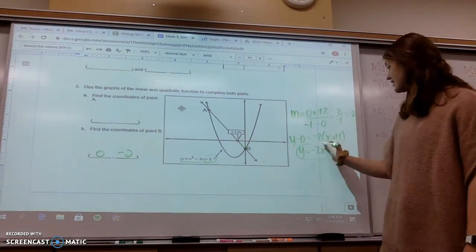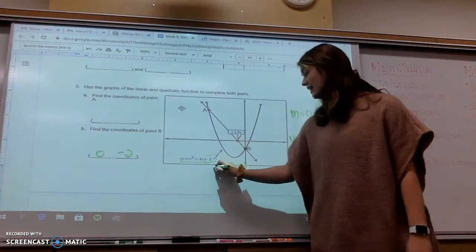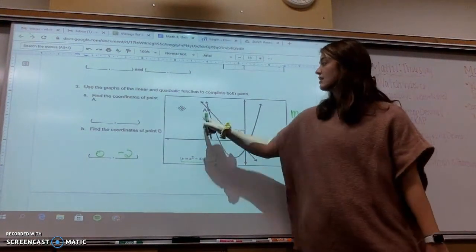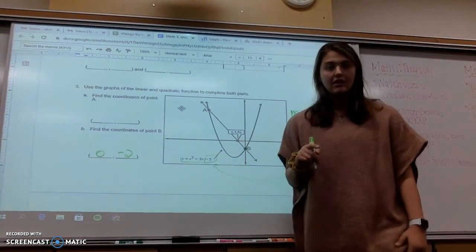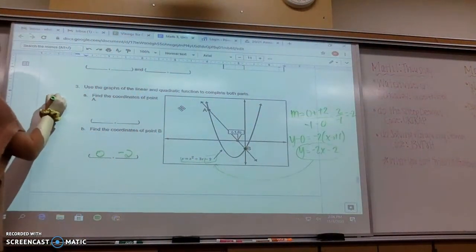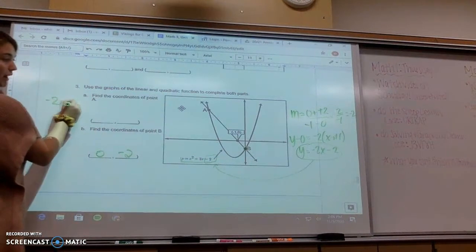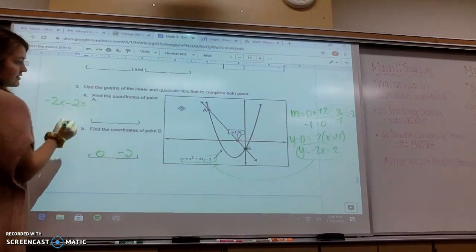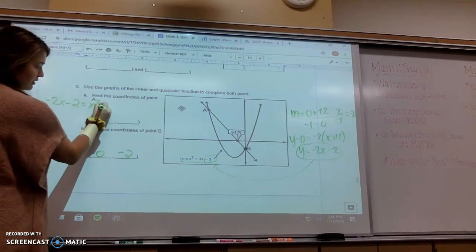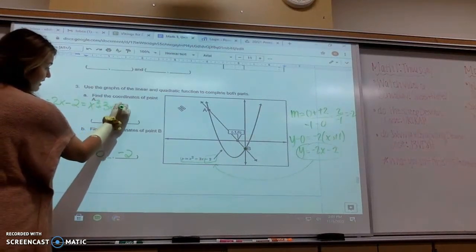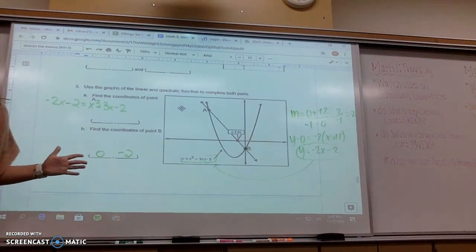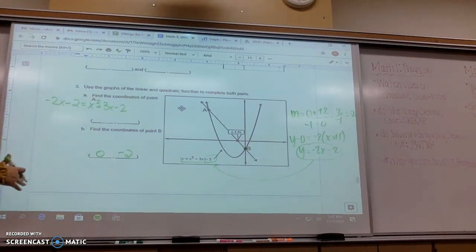Now that I have this equation, I can plug it in or set it equal to this one right here to see where that point crosses. So what I'm going to do is I'm going to do negative 2x minus 2 is equal to x squared plus 3x minus 2. Okay? And now it's using algebra to solve that all the way through.